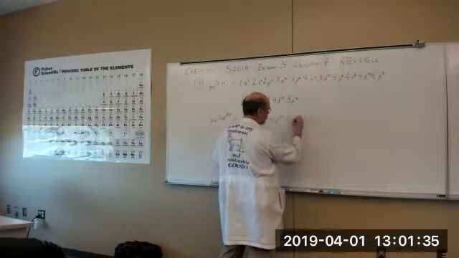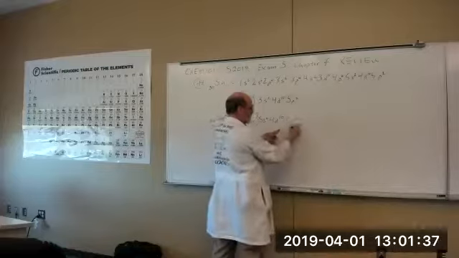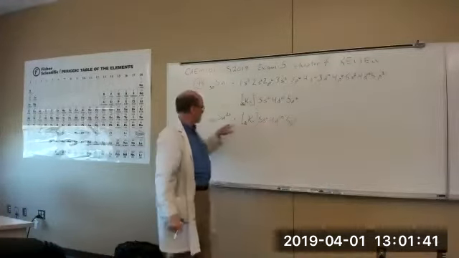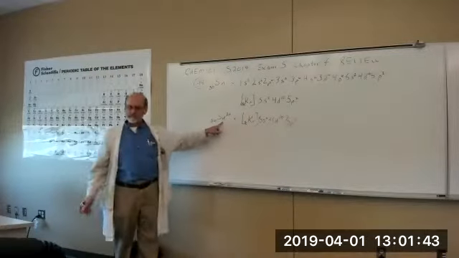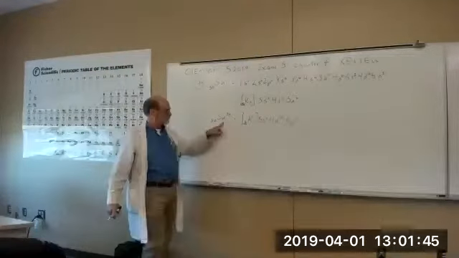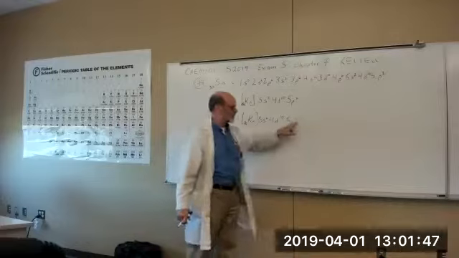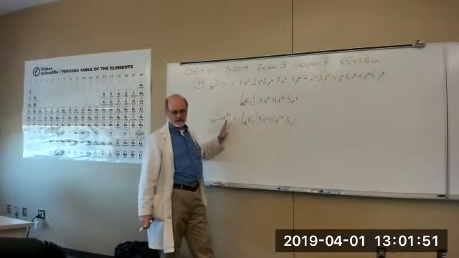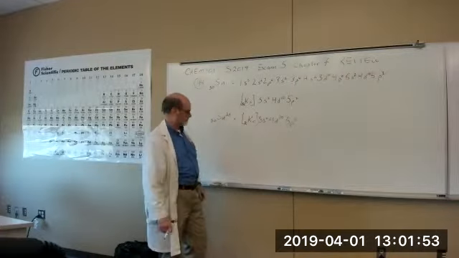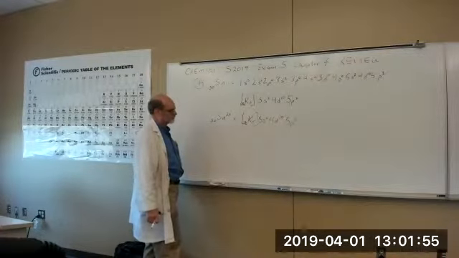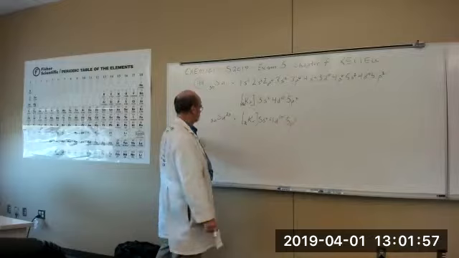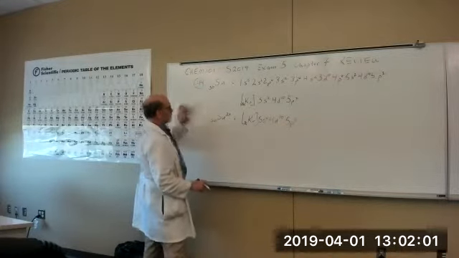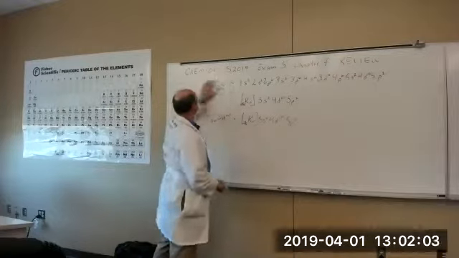We would normally have those two, but they go out. So that would be your configuration for that ion. We had to lose 2 electrons to give us an imbalance of 2 positive charges. Okay? That wasn't part of the problem, but I just thought I'd make that point.